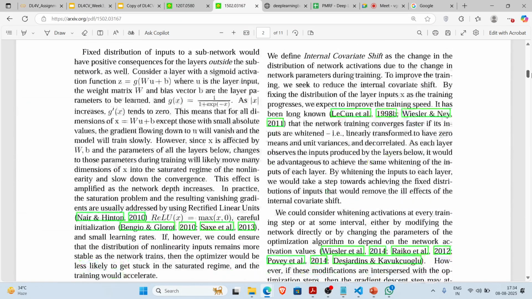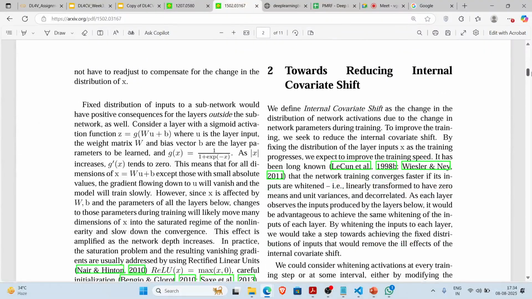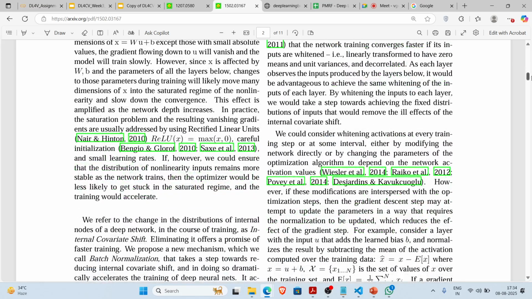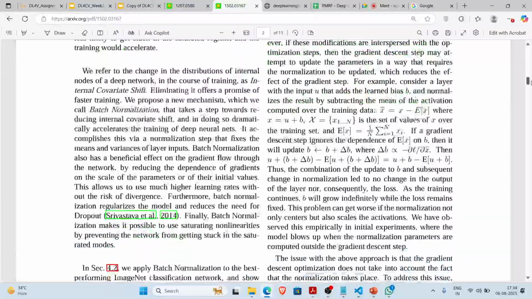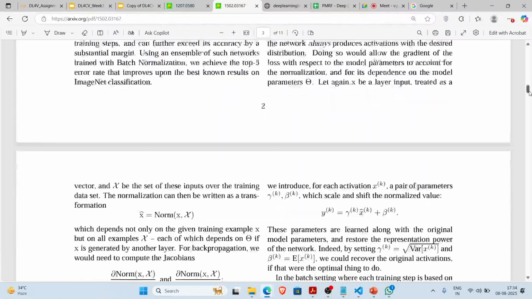So this is what you have here. To deal with layer-based covariate shift, we introduce a new method called batch normalization. So that is how they explain it.